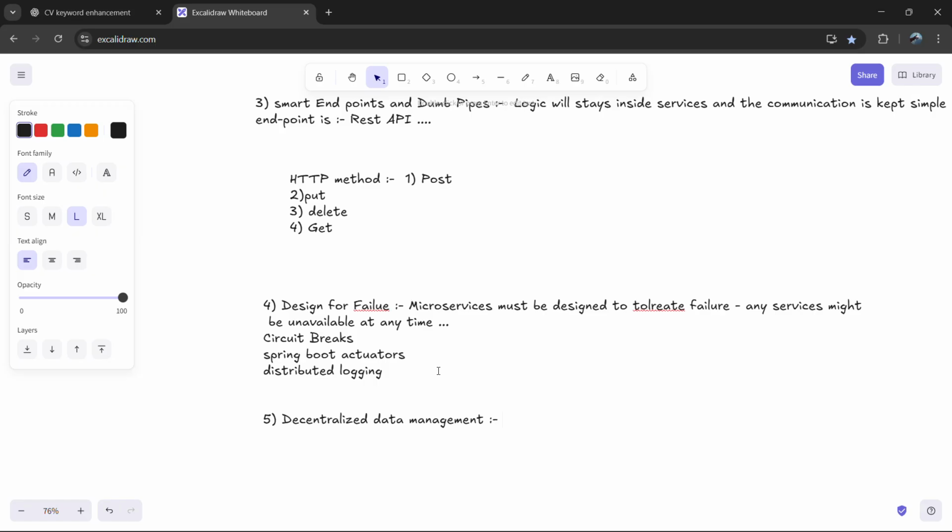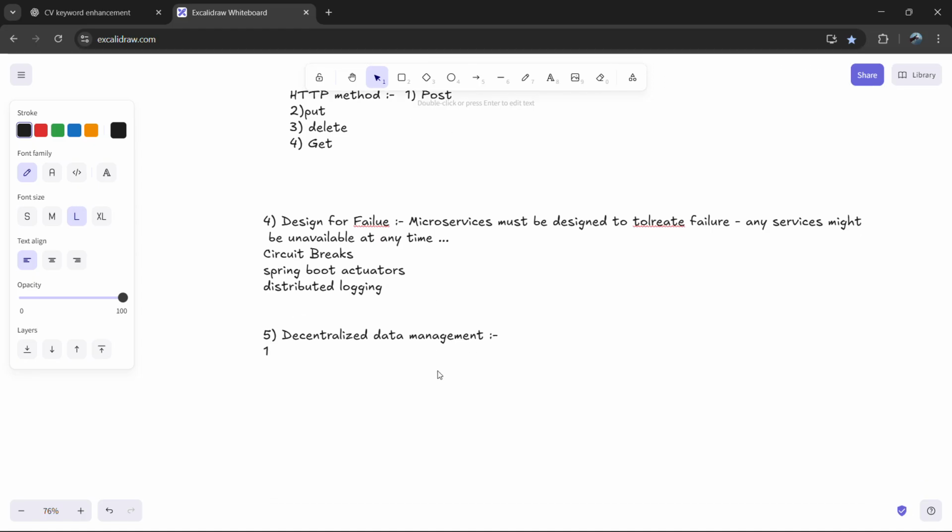Okay, so what are the key points of this? If we want to define what decentralized data management means, then you can explain that every service should have their own database.